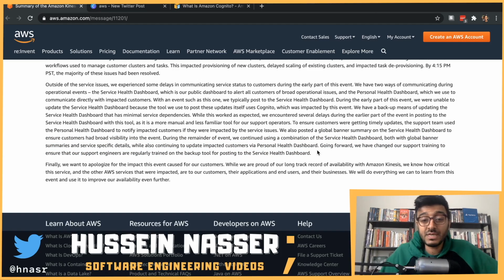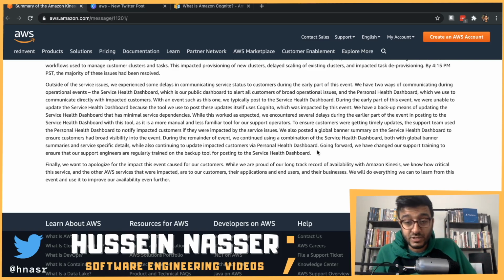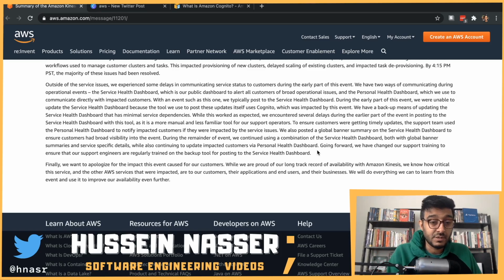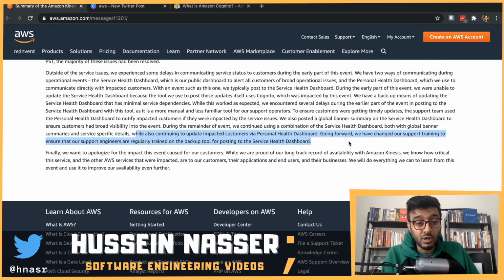We continue using a combination of the Service Health Dashboard with the global banner summaries and service details, while also continuing to update impacted customers via the Personal Health Dashboard. Going forward, we have changed our support training to ensure that our support engineers are regularly trained on the backup tools for posting service health.